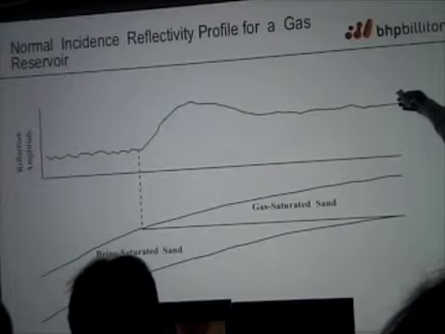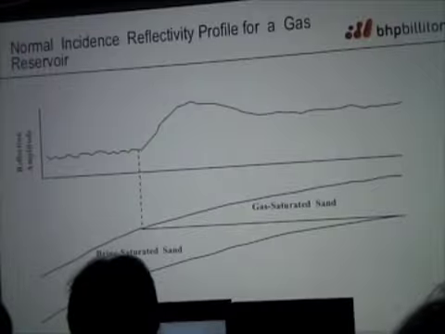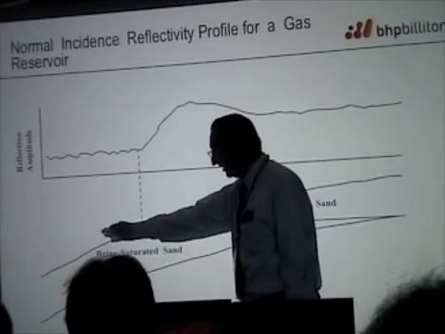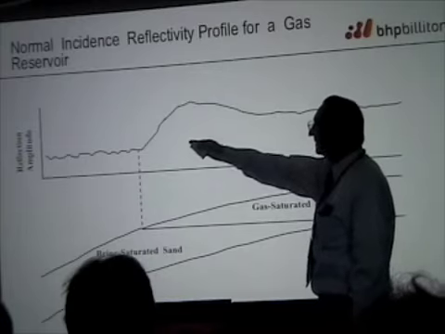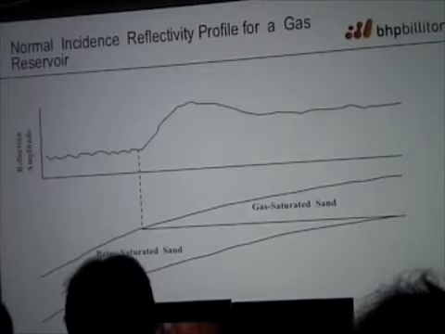What might you see on the seismic if you have properly calibrated it, etc.? Well, you might see something that had a low amplitude over here where there's brine, and a higher amplitude where there's hydrocarbon gas in particular.